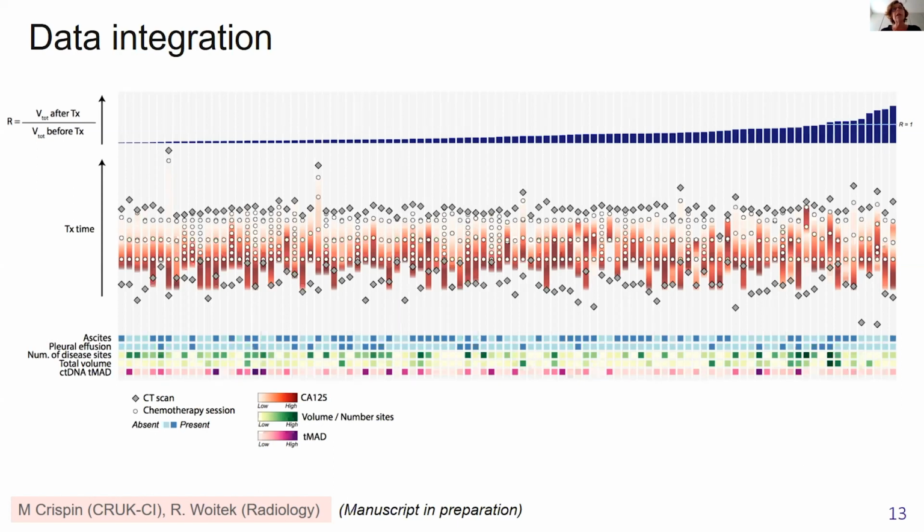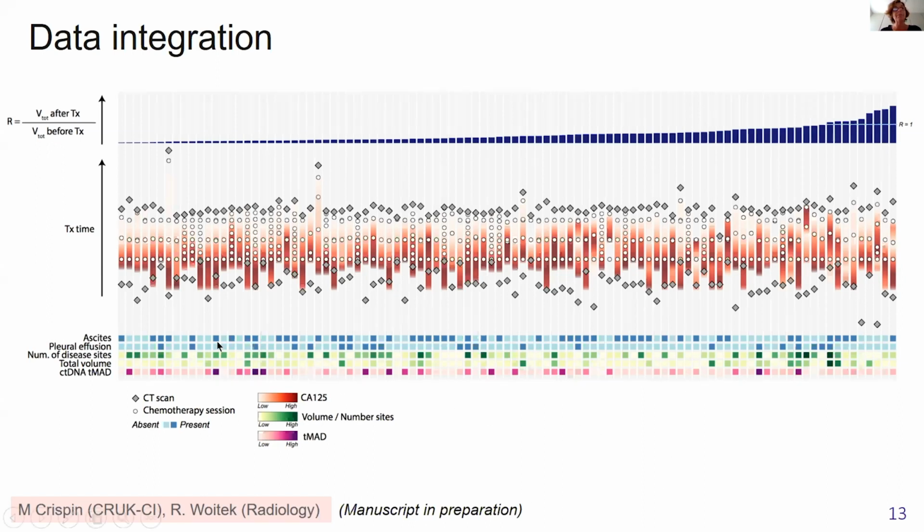And this is looking at integrating over time not just the texture features or the volume of the disease, but also the treatment type, because obviously it's going to change depending on the time of the treatment, also the time where the treatment, some patients get 3 cycles, some get 4 cycles of chemotherapy. And this is all important if you want to really optimize your model for prediction at the end.